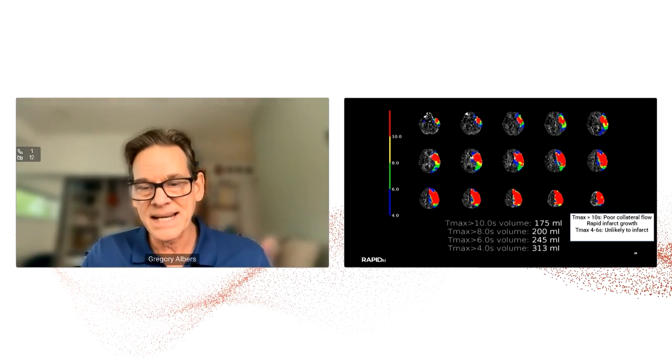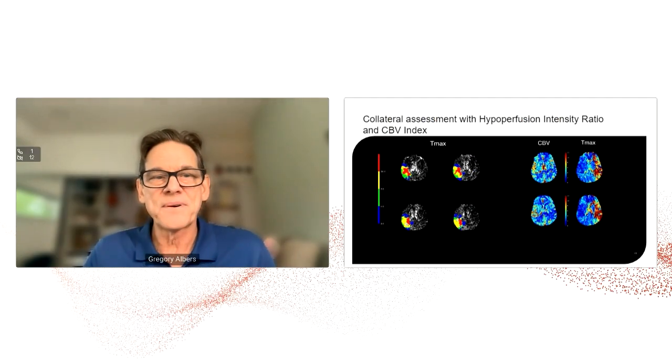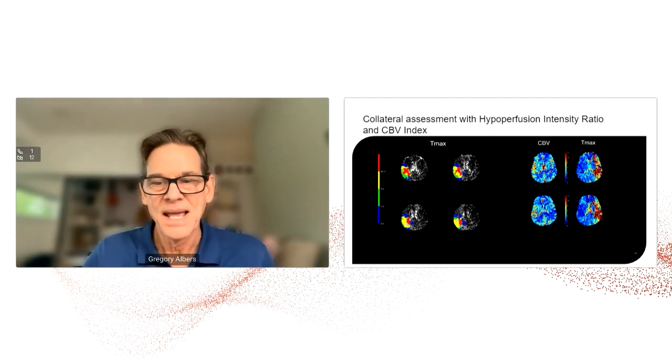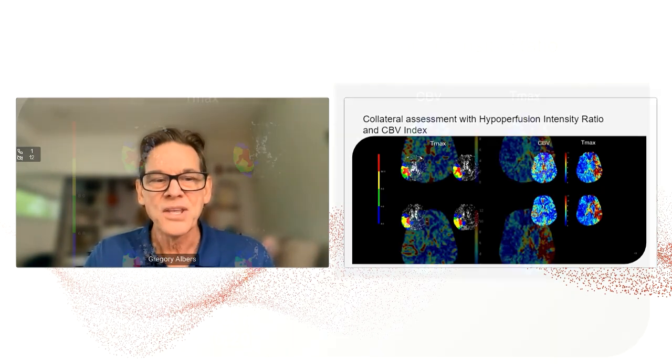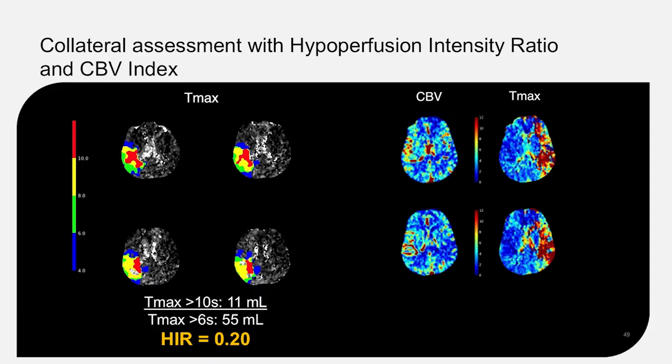All right, so we can get a couple of very important collateral indices from the perfusion map. The first one is called the hypoperfusion intensity ratio, and that's very simple. From the 4 threshold map that I just showed you, you take the volume that's red, that's the severe delay, and you divide it by the volume that is greater than 6 seconds.